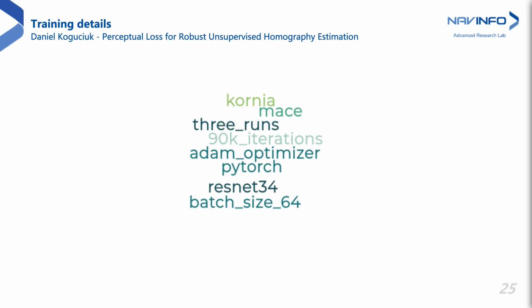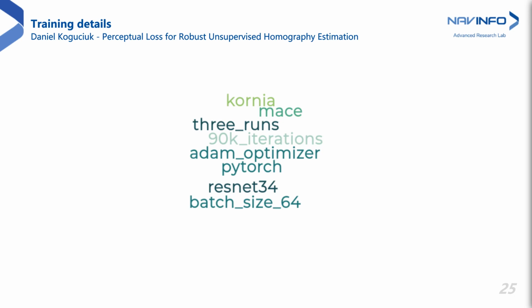We implemented the 4 previously mentioned methods in PyTorch and Kornia. We modified the original architectures to use a ResNet34-like feature extractor to make sure the performance difference between methods comes from better design instead of a better CNN backbone. All methods are trained using the Adam optimizer with a batch size of 64 and for 90k iterations.